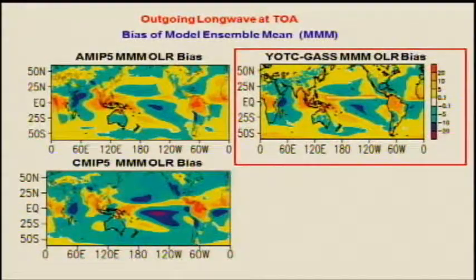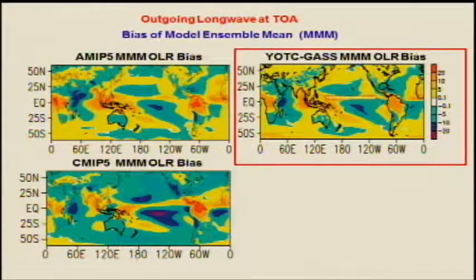All right. So we already presented that the OLR, that the model does have a bias, too much outgoing longwave radiation out, in particular over the SPCZ and the ITCZ. This is the YOTC, where we use 21 model results.